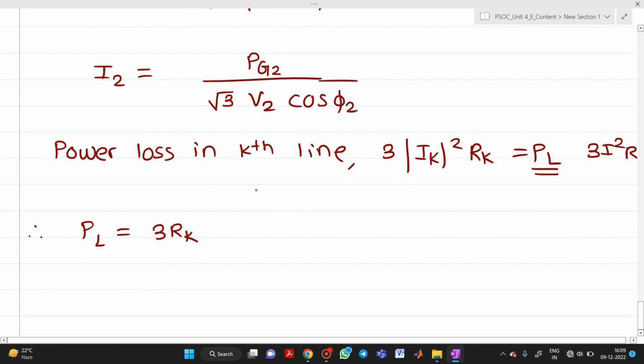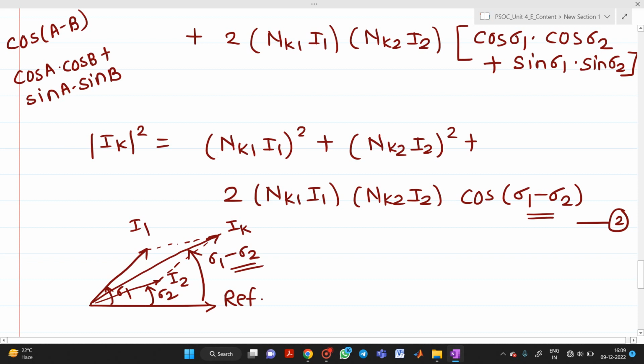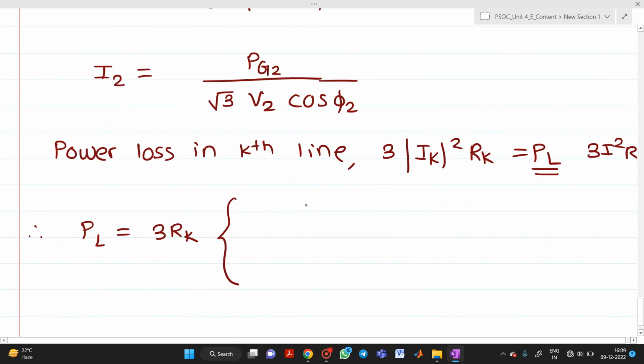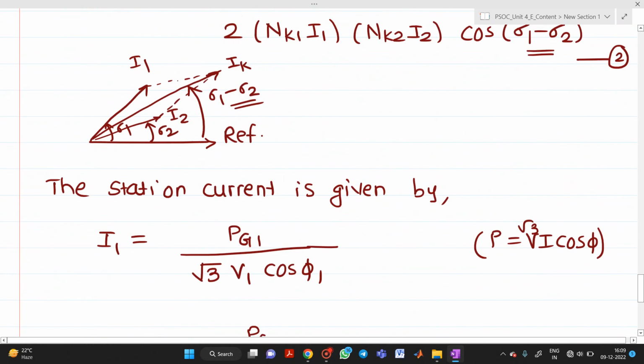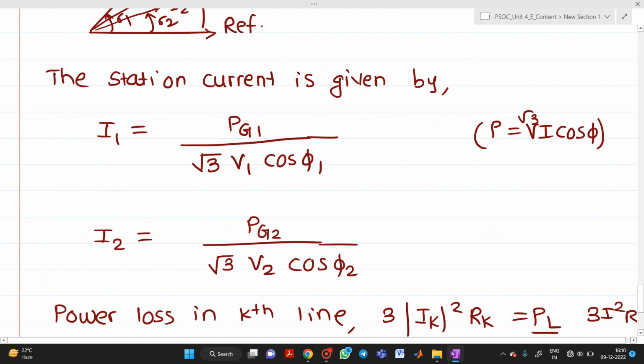And this Ik square, now we did this. What is your Ik square? Please see it carefully. Ik square was nk1 square into I1 square, so I will put it as nk1 square. Now here the term is I1 square, but in the place of I1, can I write this term? Yes.